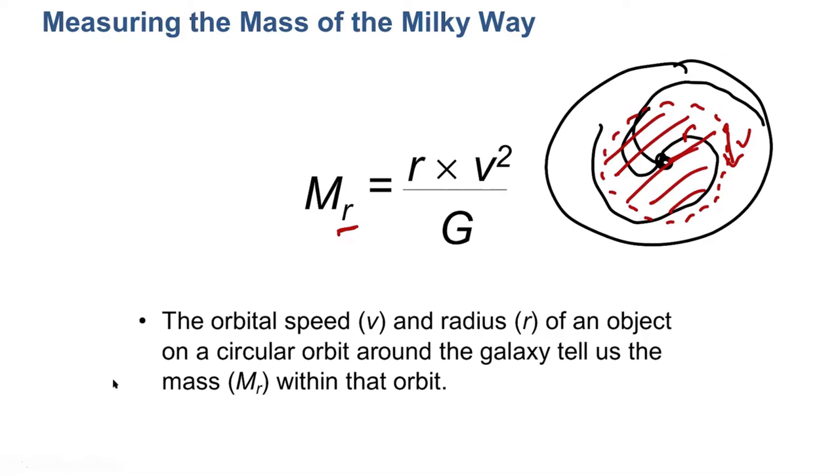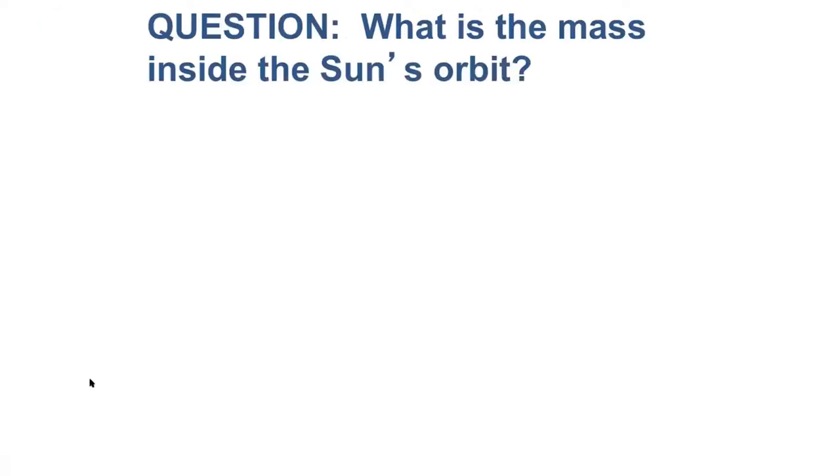Okay, so let's do this. What is the mass of the galaxy inside the sun's orbit? Well, we need to know some numbers first. We need to know, first of all, that r, the distance from the center of the galaxy, is about 28,000 light years. We need to know how many meters there are in a light year.